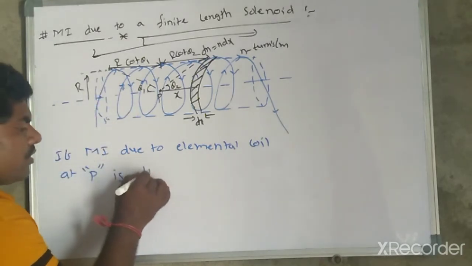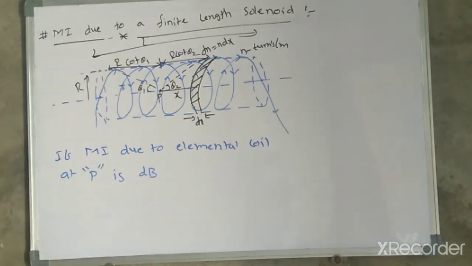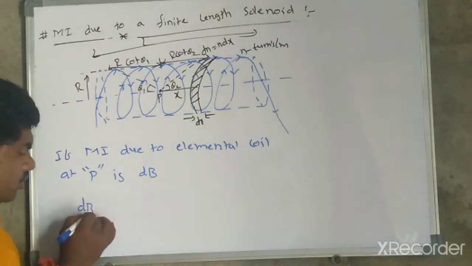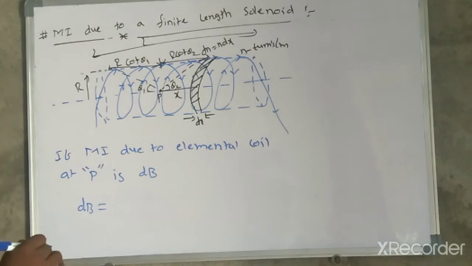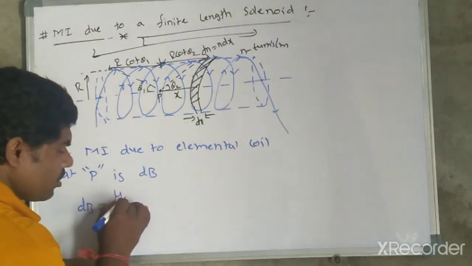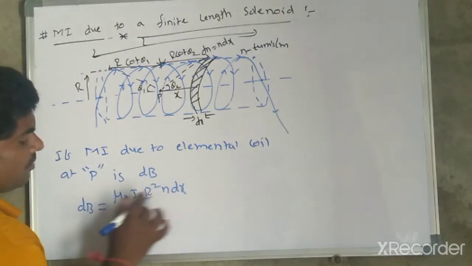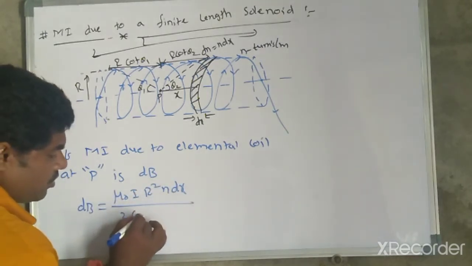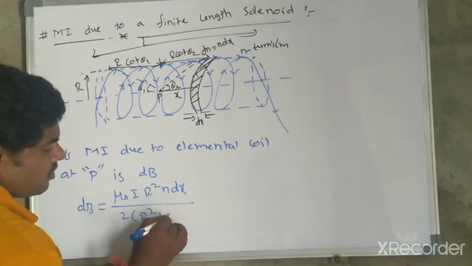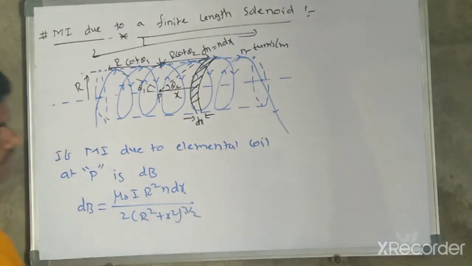According to the Biot-Savart law, discussed in the previous case, dB is equal to mu naught I into r square into n into dx, because of the number of turns, divided by 2 into (r square plus x square) whole power 3 by 2.